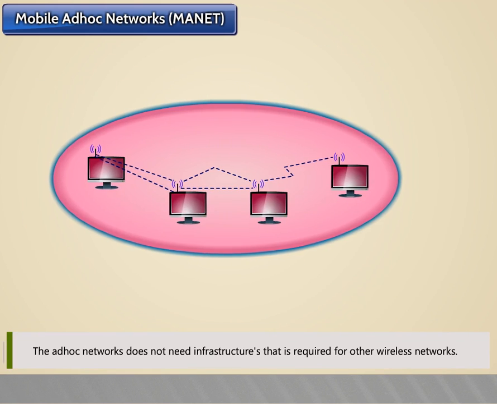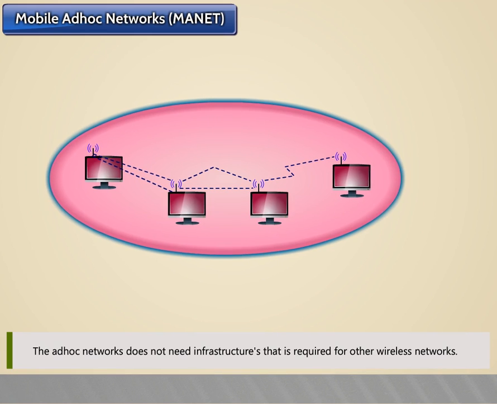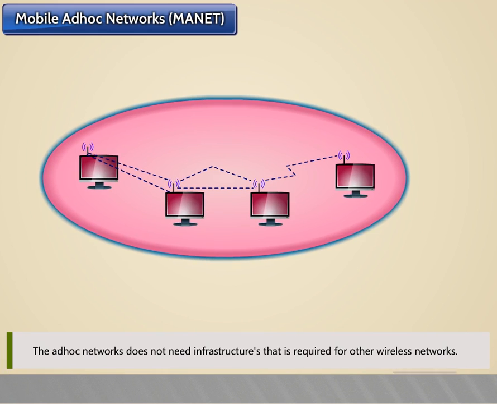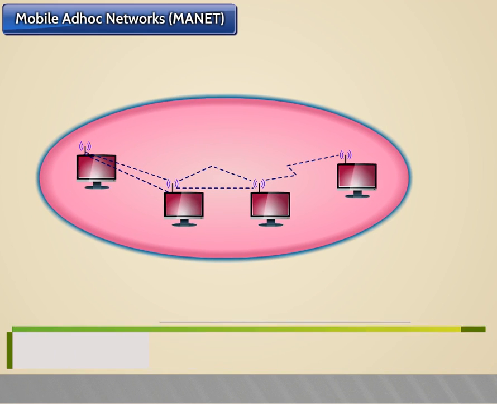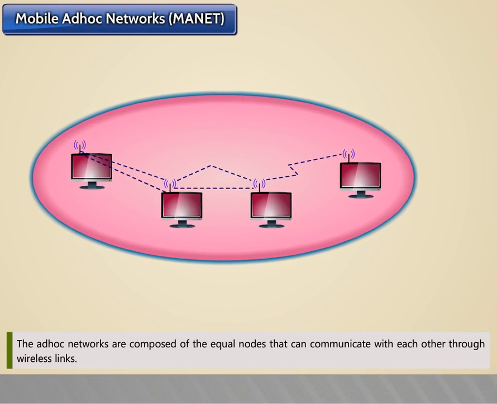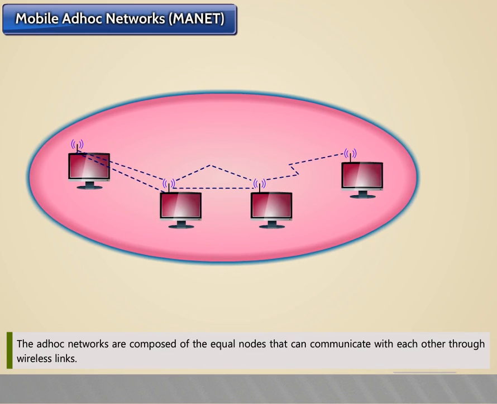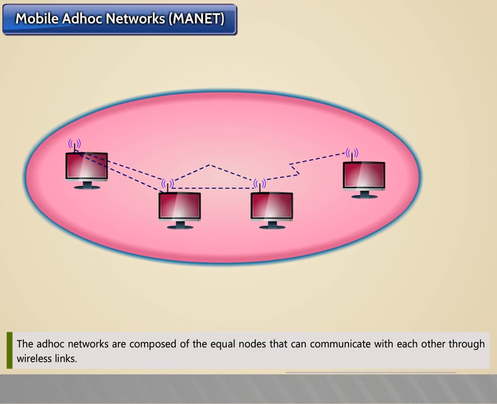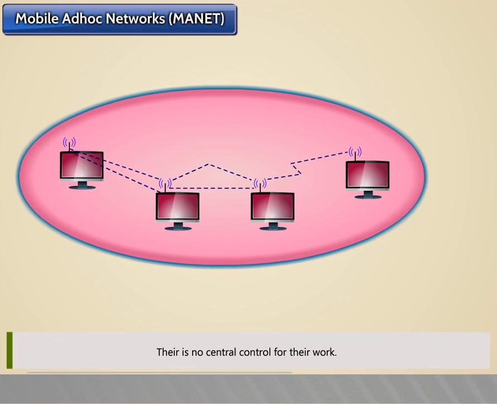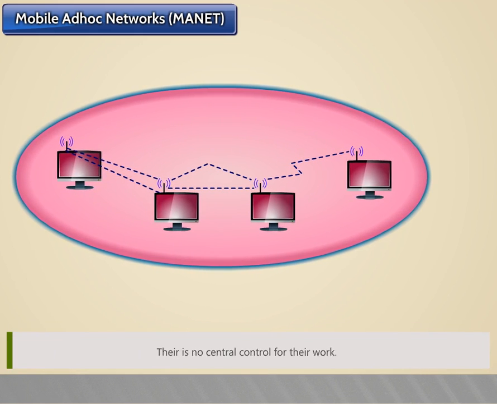Ad hoc networks do not need the infrastructure that is required for other wireless networks. Ad hoc networks are composed of equal nodes that can communicate with each other through wireless links. There is no central control for their work.